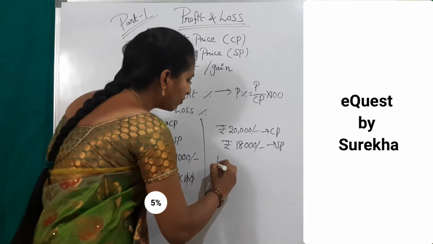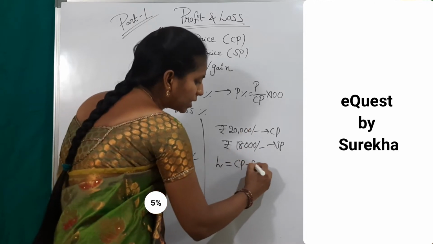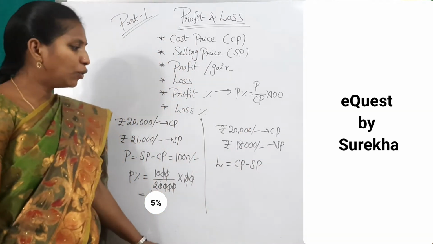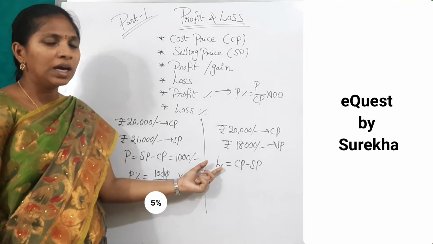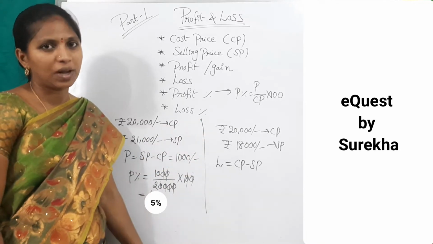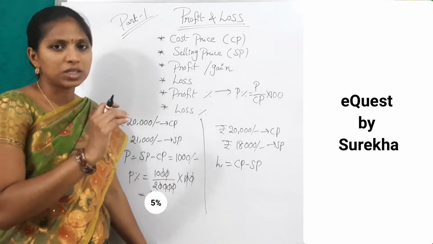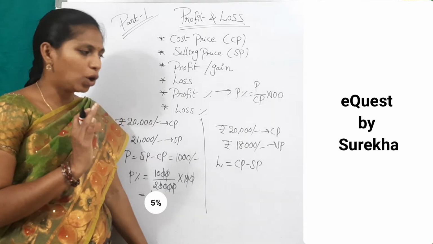Here, what is the formula for loss? Loss equals cost price minus selling price. If you want to find out profit or loss, first of all find the difference between selling price and cost price. If the difference is positive, then we got a profit; otherwise, that is a loss.